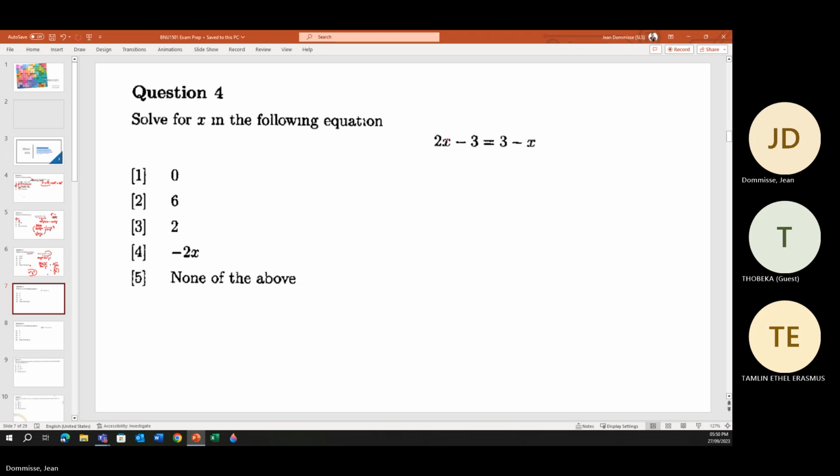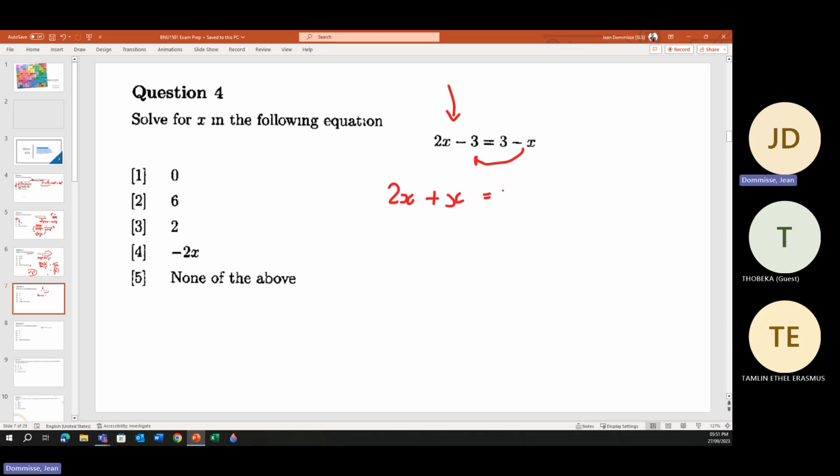So the first one here, what's the easiest for me always, is to bring all the x's to one side and take all the constants, or the ones that don't have an x, to the other side. So I would want to bring all the x's to the left-hand side. So I've got 2x, and this will take to the other side, so it becomes plus x.